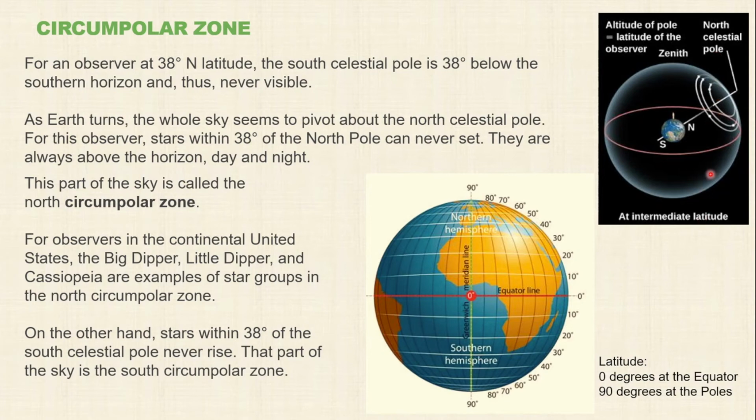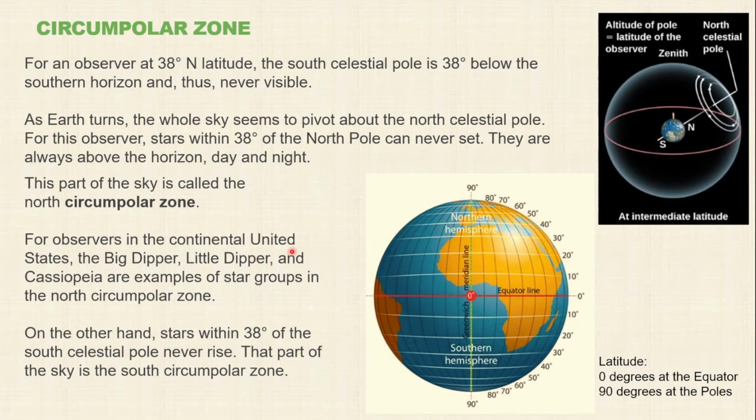But when the tilt is on the other side, during the winter, the sun actually never comes out of the horizon for another 6 months or so. So those details, that geometry, we will see later when we study day and night, sunrise and sunset in more detail. But for now, I just wanted to understand what this circumpolar zone is.